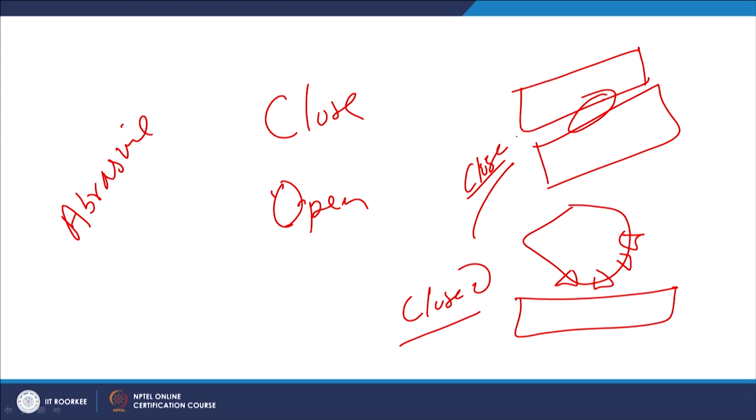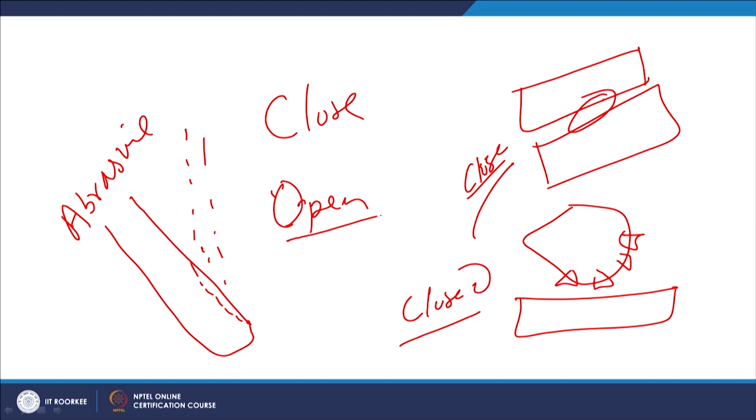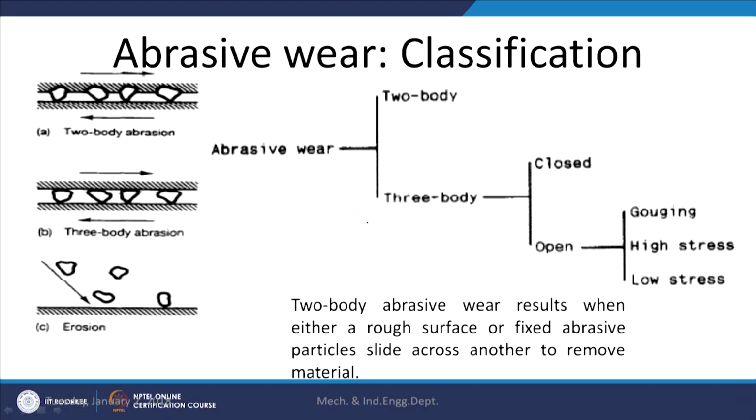And in the open one, over this component, the sand is freely falling. So, whatever wear happens to the component due to the flow of sand particles will come in the category of open abrasion. So, from these examples we can see two body abrasion, where the position of the abrasive is fixed and the component subject to wear has relative motion.